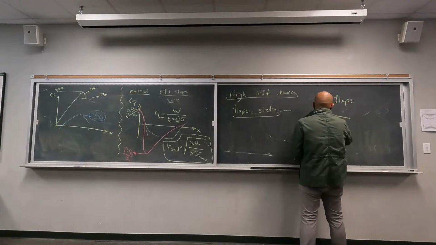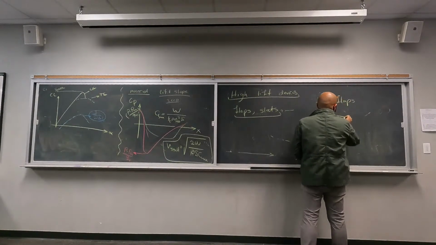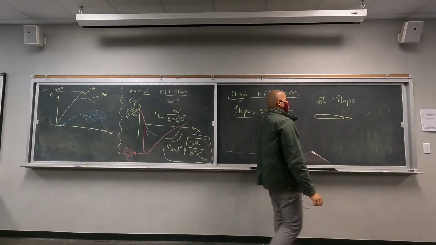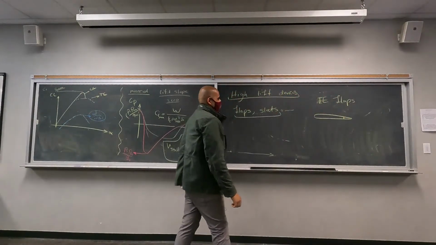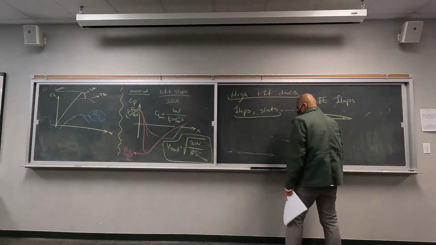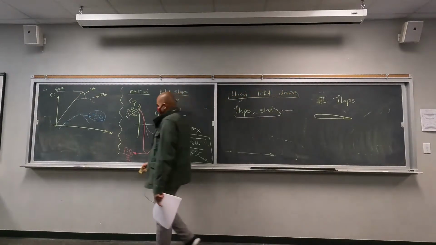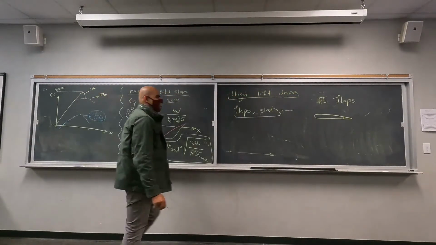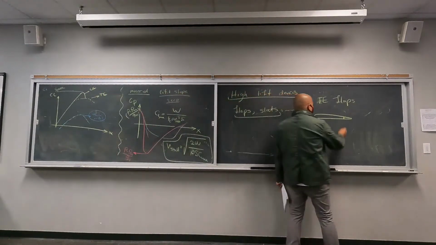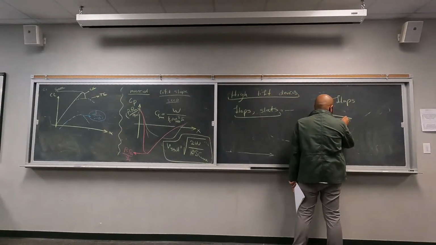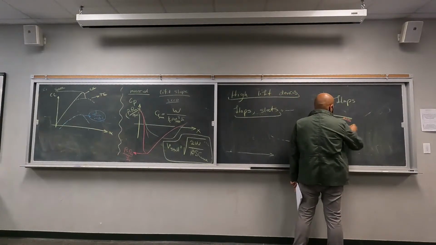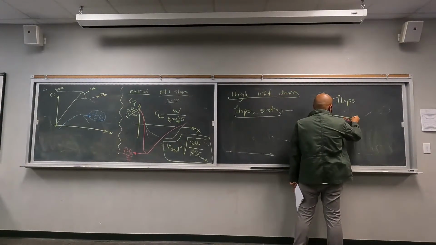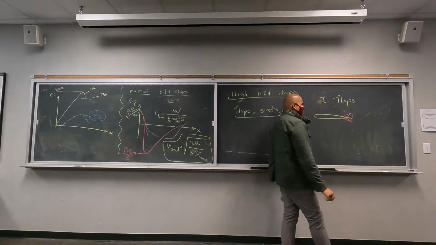Let's say this is your airfoil. At the end section, you are going to introduce a mechanism that is going to let you change the shape here, right? So you can either move it down or move it up and change the shape of the airfoil.